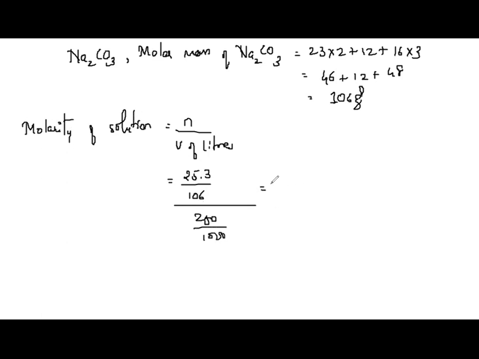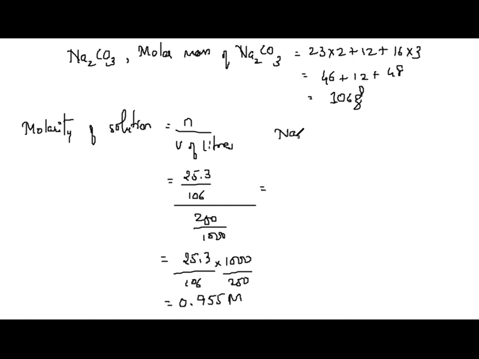In 1000 we want. So here it is 25.3 divided by 106 into 1000 divided by 250. Solve it out, we'll get the answer 0.955 molarity. This is the molarity.